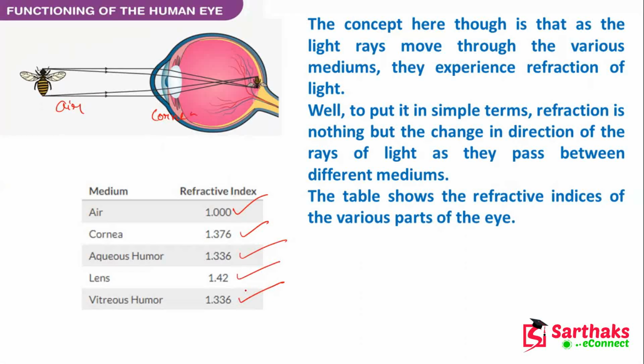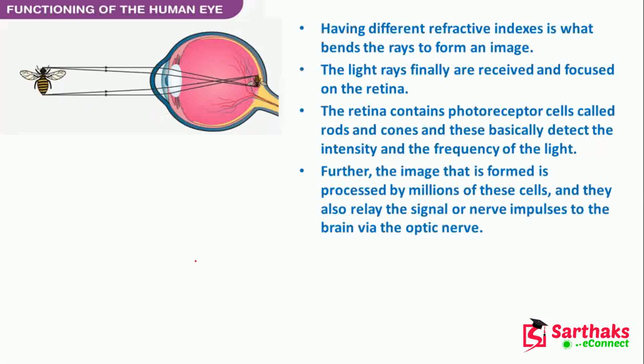So you can see that various mediums cause refraction of the light, and refraction is nothing but the change in direction of the rays of light as they pass between different mediums. Here you can see in this table that the light faces different refractive indexes. Having different refractive indexes is what bends the rays to form an image.